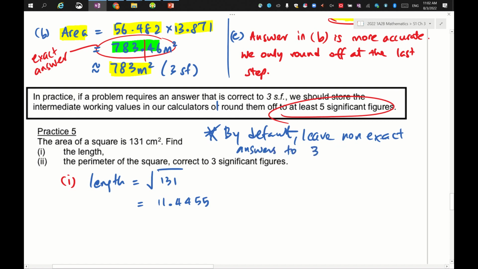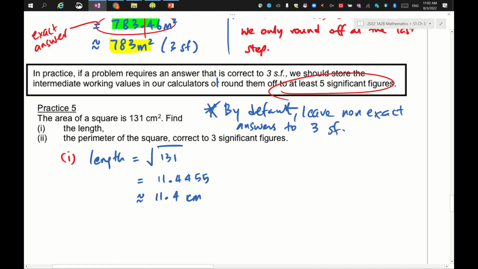So whenever you have answers that are irrational, you put it down as 3SF. So in this case, 11.4455 and so on. We cannot write everything down, too long already. So how do we round off? You don't round off to 1 decimal place, 2 decimal place, 3 decimal, that's primary school stuff. We round off to 3SF. So here, 11.4 cm. This is the length. Okay, so that's for part 1.